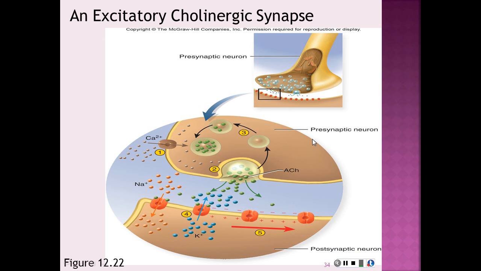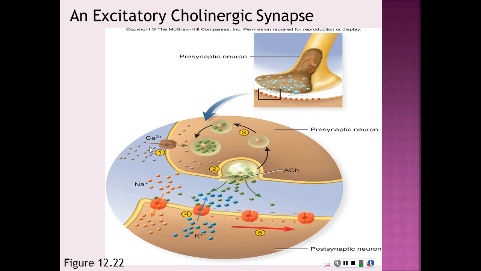When that signal arrives there, it's going to open the voltage-regulated calcium channel gates. Now the calcium enters the knob, and then it triggers the exocytosis of the synaptic vesicles, releasing the acetylcholine.